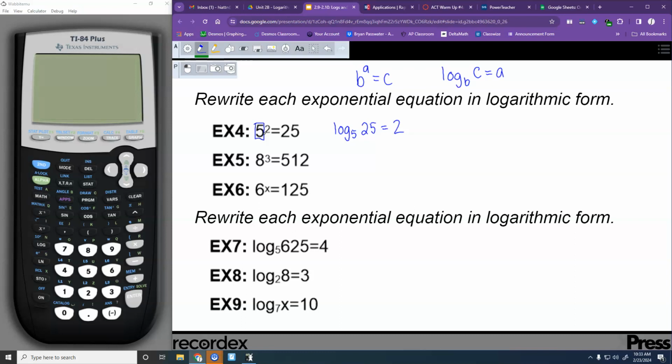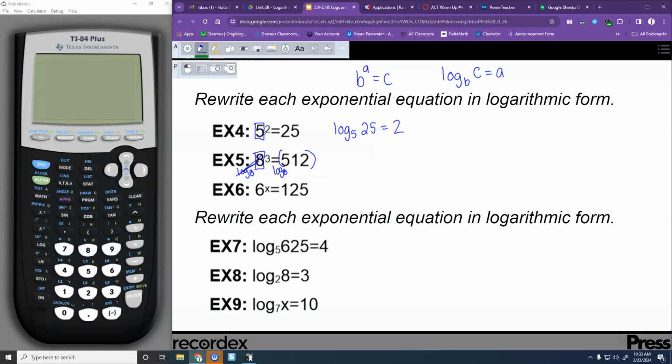Let me show you another. Your answer is going to be the same. It's just a different way of thinking about this. If I want to make this into a log, the base of this right here is 8, right? So if I did log base 8 of both sides, what would happen if I'm doing log base 8 of 8?